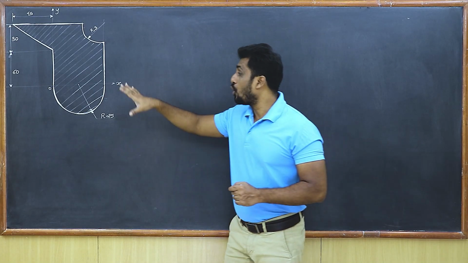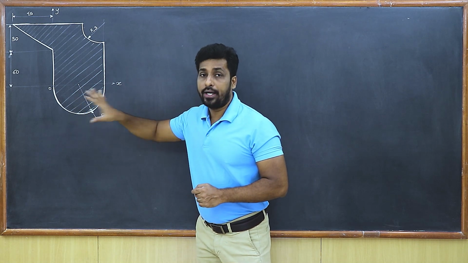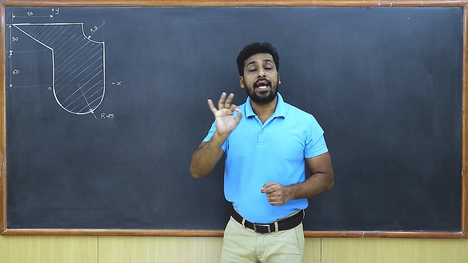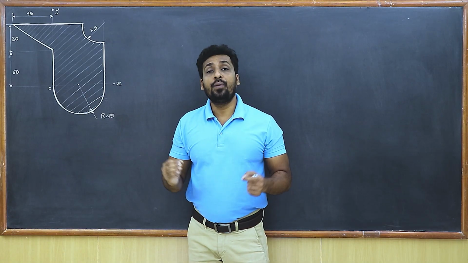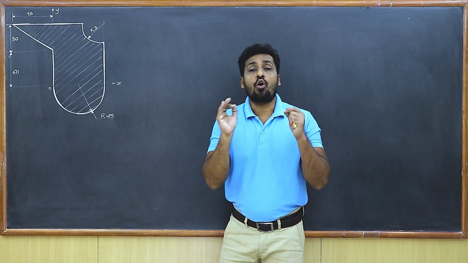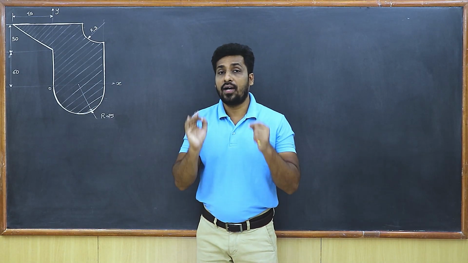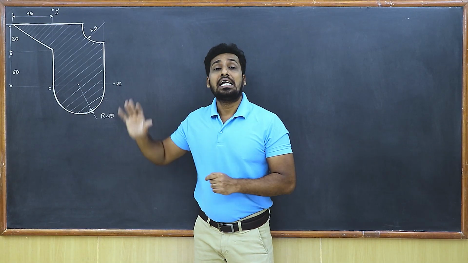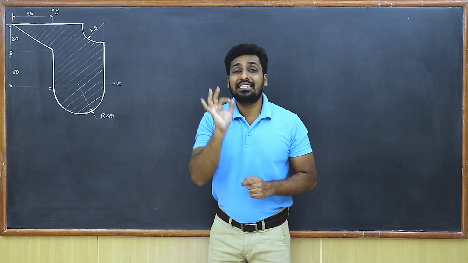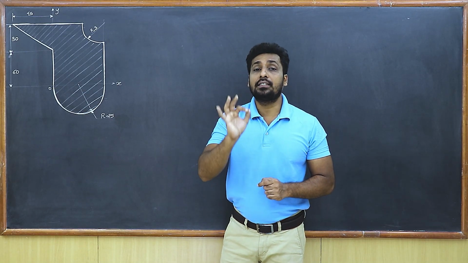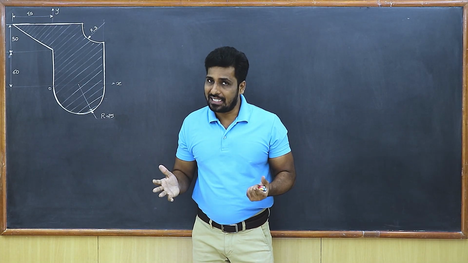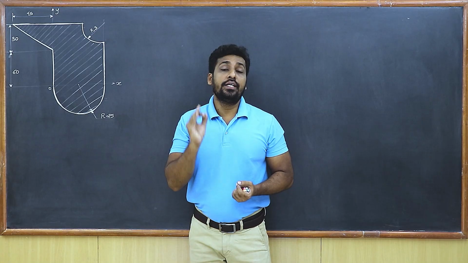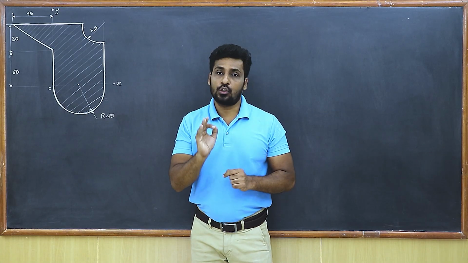That means now when you talk about the semicircle centroid, you can definitely say that the x coordinate is going to be positive and the y coordinate is going to be negative. So these concepts should always be remembered while solving questions on centroid. You need to exactly pinpoint, you need to exactly locate where the centroid is lying, which quadrant it is lying in, and accordingly you need to write the coordinates of the centroid.